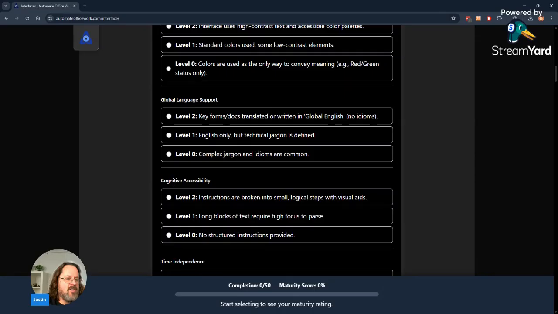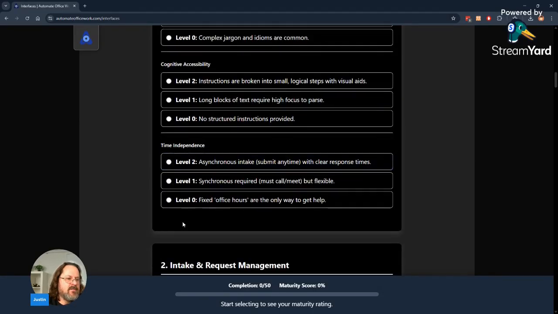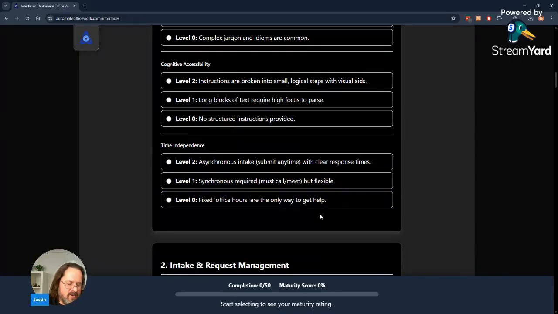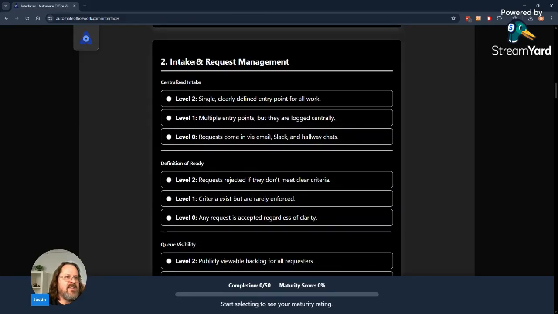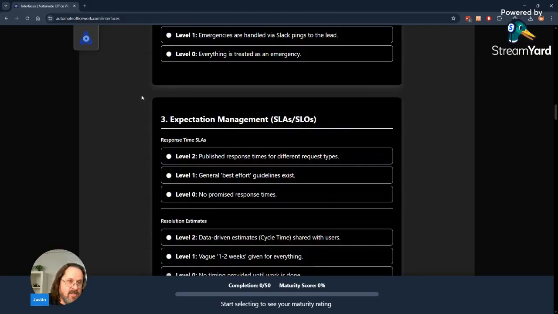Next is cognitive accessibility, time independence. Don't just have fixed office hours that are the only way people can get help. We're global now. Make it so that people can reach you even when you're out of the office, so that they can submit a request. And I have so many of these categories: intake and request management. The next one is expectation management.